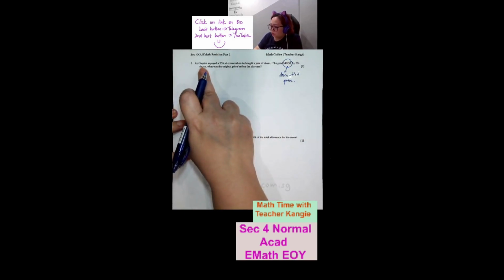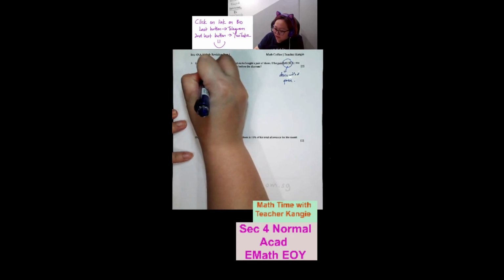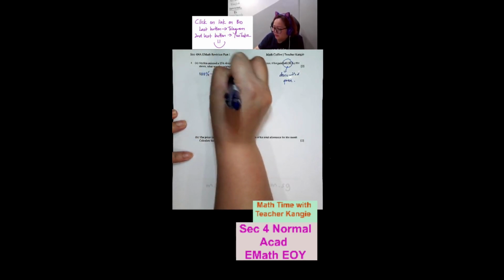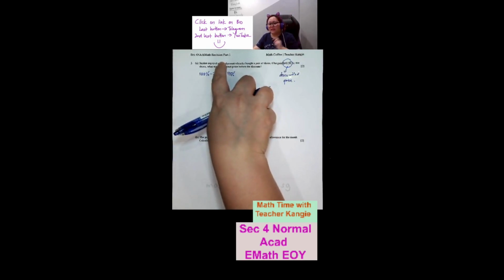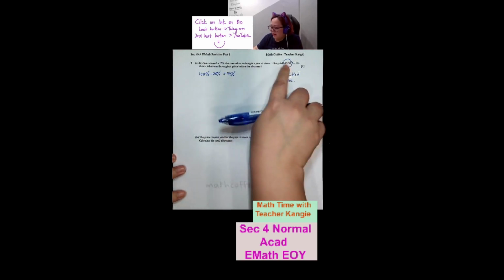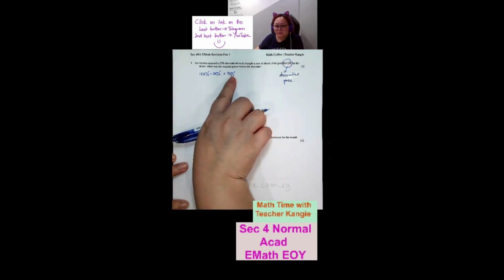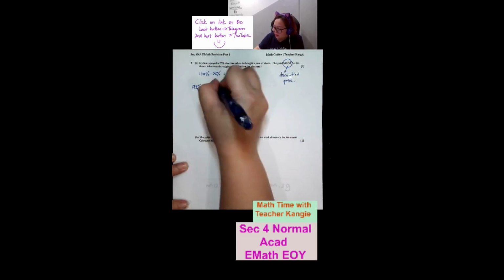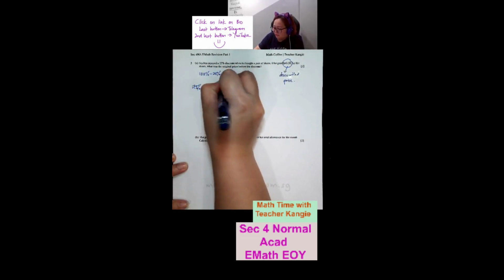Okay, so over here, after the discount, 100% minus 25% is 75%. So that means after the 25% discount, Jaden paid 75% of the original price, and $40.50 is 75%. So 75% is $40.50.